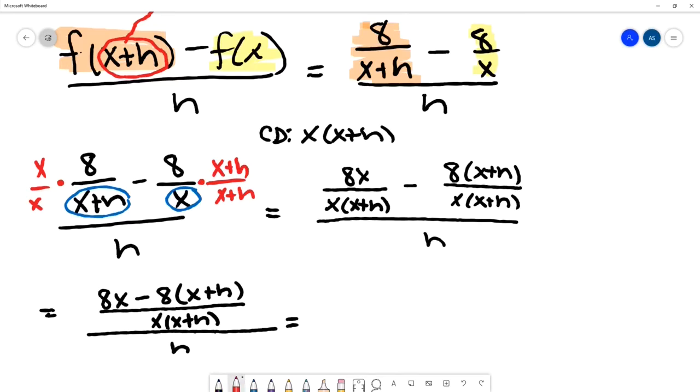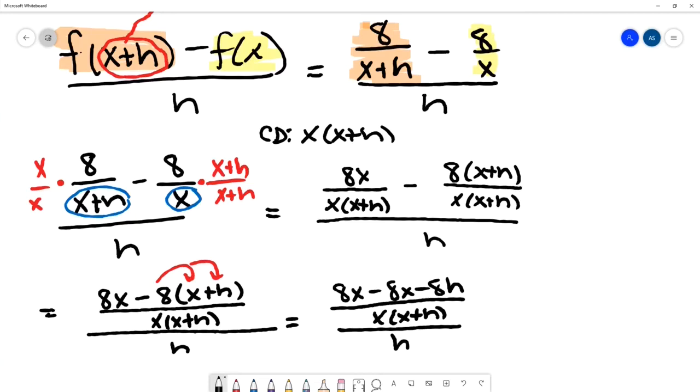Let's distribute this negative 8 to break up that parenthesis, and we have 8x minus 8x minus 8h over x times x plus h over h. And then we have the 8x and the negative 8x canceling each other out. So we have negative 8h over x times x plus h, all over h.